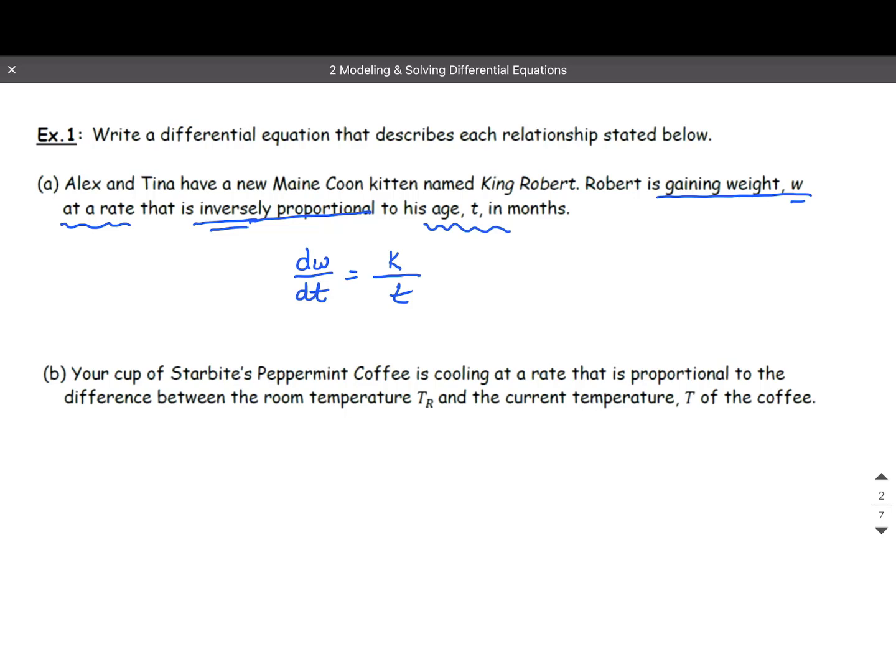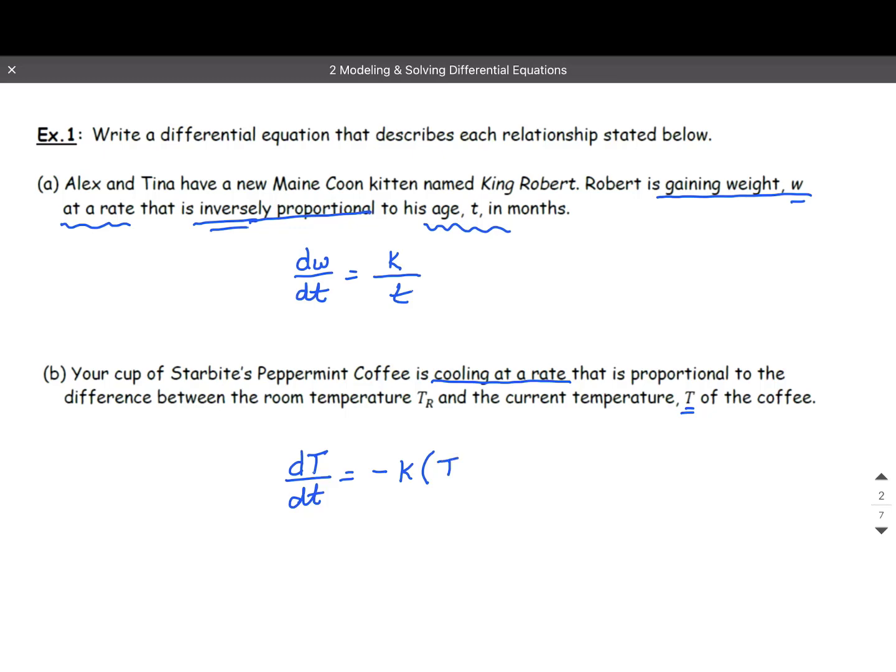Now let's try another one. Your cup of Starbright's peppermint coffee is cooling, so it's a negative rate, at a rate that is proportional to the difference between the room temperature T_R and the current temperature T of the coffee. So the rate of change of the temperature of our coffee over time is cooling, so it's negative, at a rate that is proportional, so I need a constant times the difference between the room temperature and the current temperature.